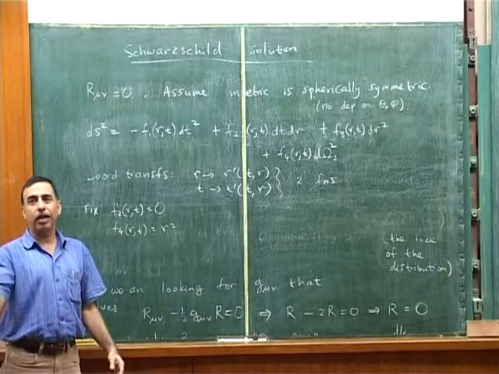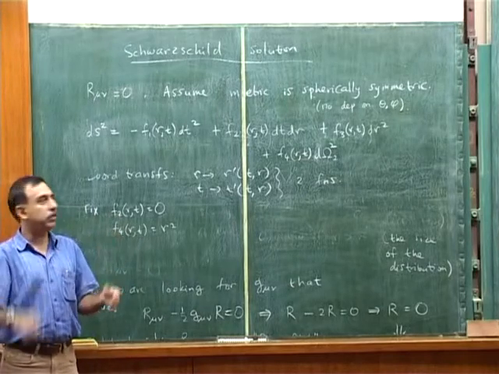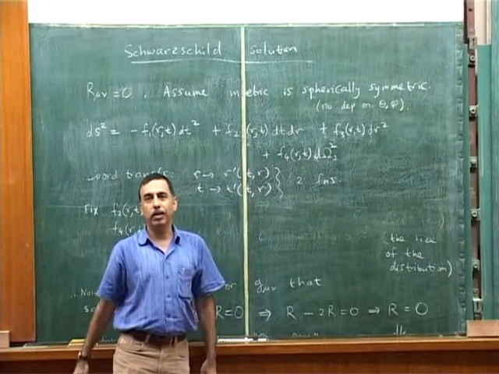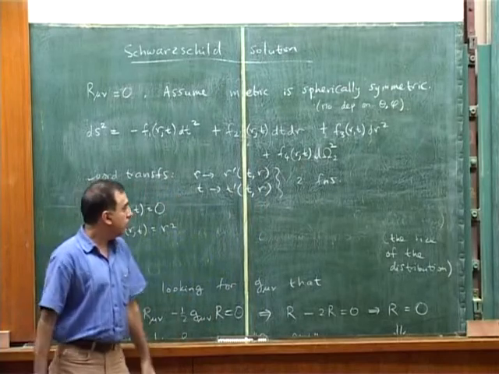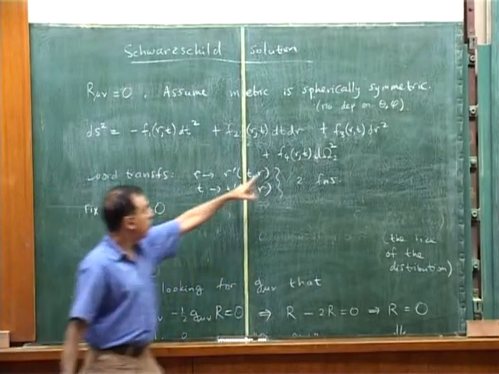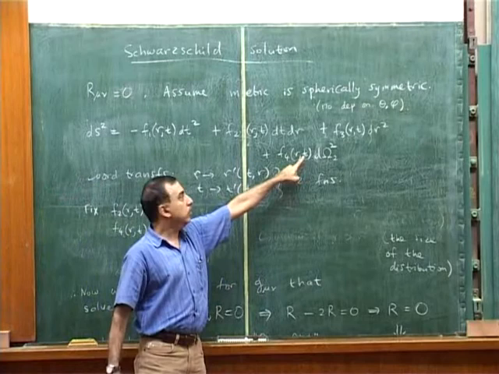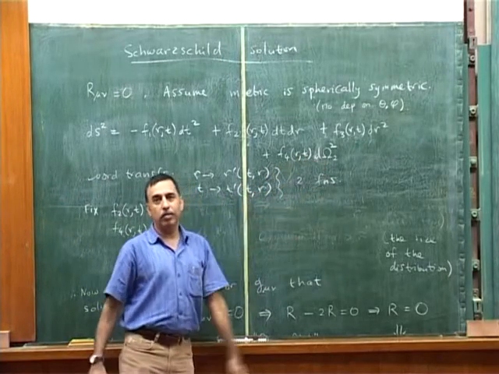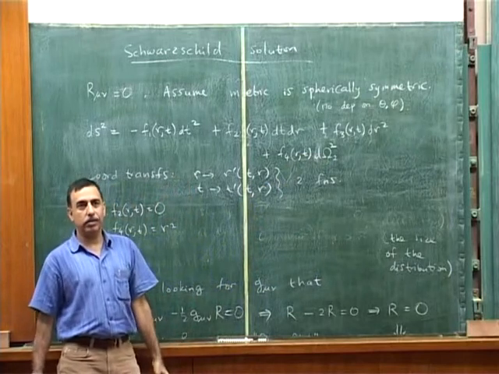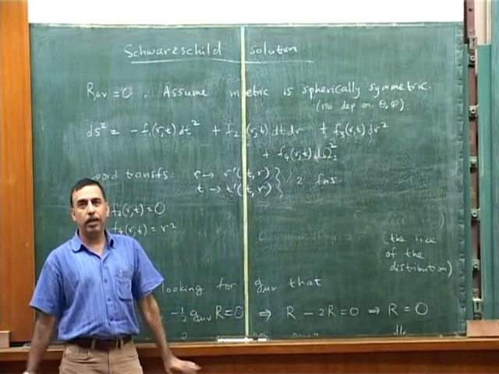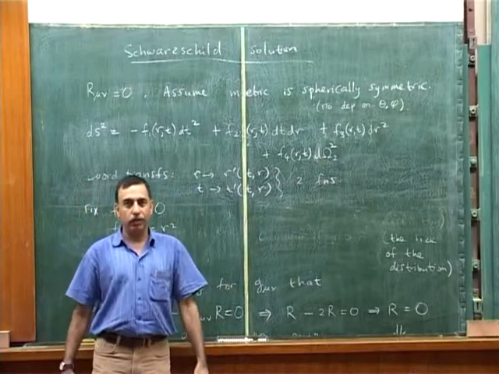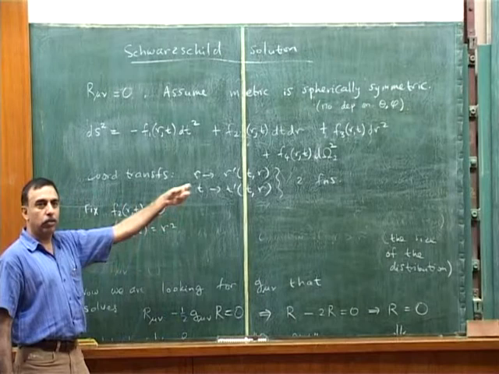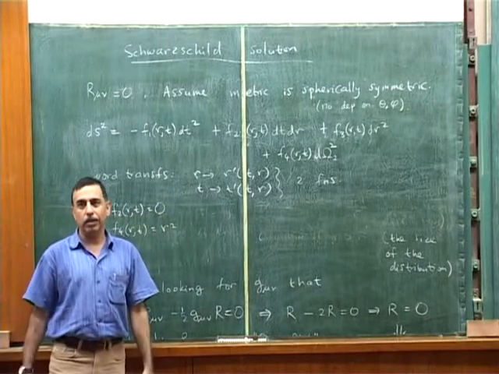Basically what it says is that the time direction is orthogonal to the space direction, while such a term, if it was present, would say that there's an angle between time and space. Similarly, setting f4 to r squared is a very good choice, because r squared d omega squared is the angular part of the metric of 3-dimensional space. So if it's okay there, it has no singularity issues. If you wanted to set this to r cubed or r fourth or square root of r, you would very likely end up with some unphysical behavior in the metric.